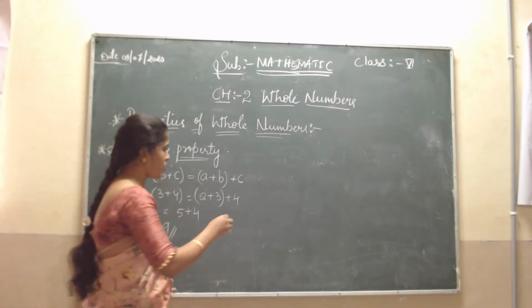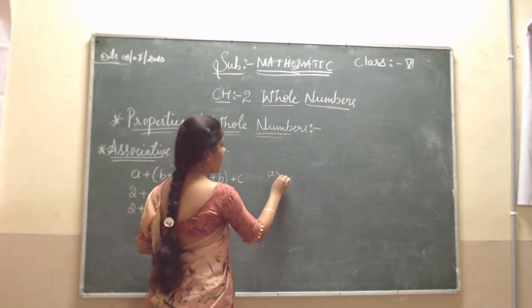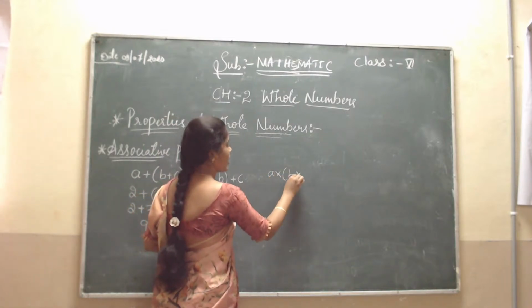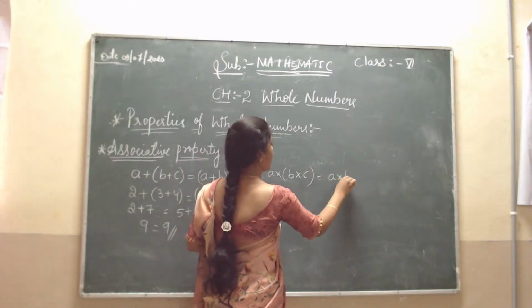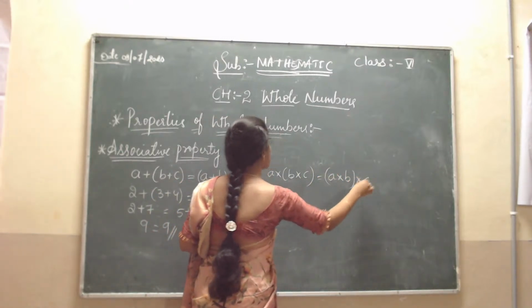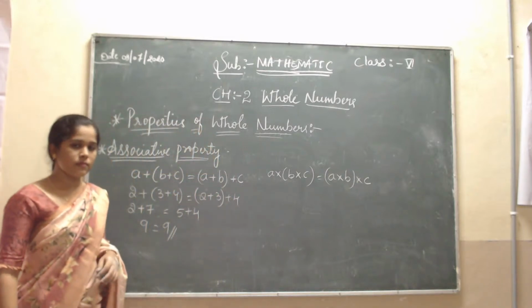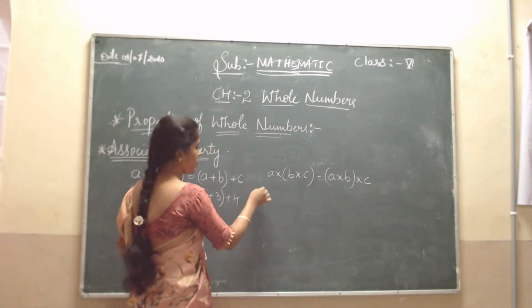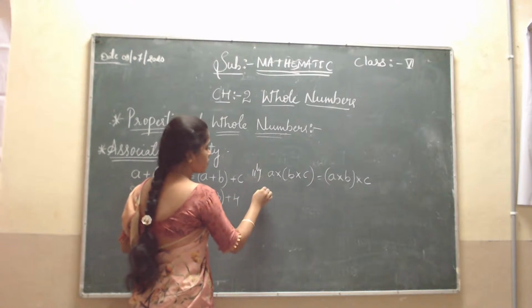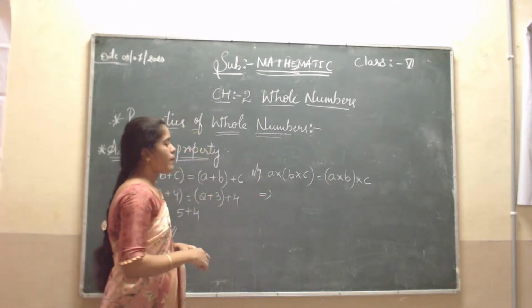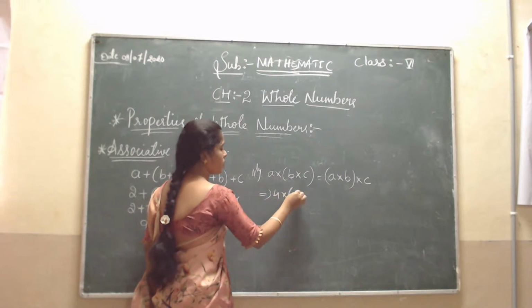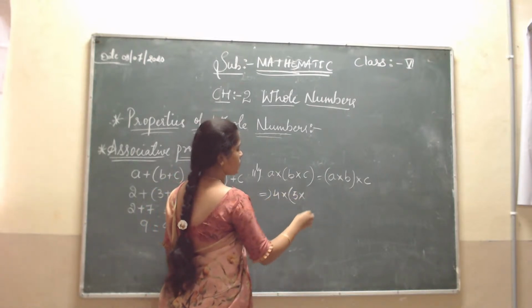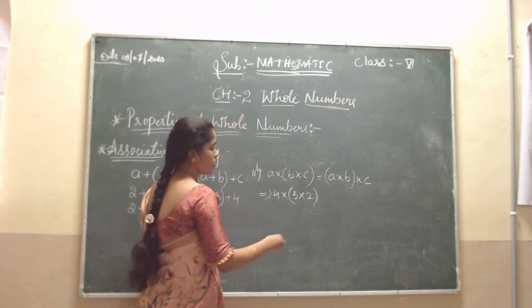Similarly, in multiplication, see here, a into (b into c) equals (a into b) into c. Here 4 into 5 into 2.